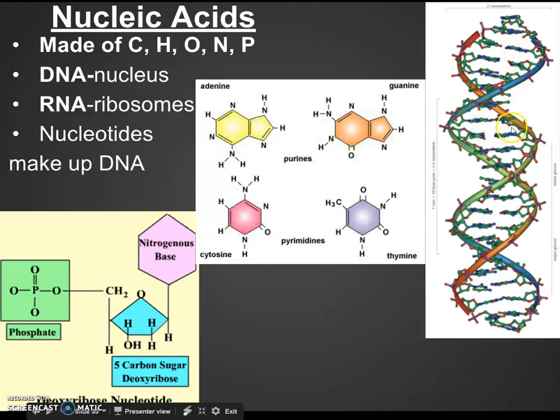So if you were to break this huge molecule apart, you'd be breaking it into a nucleotide that looks like this. So you don't have to know anything but that nucleic acids, examples are DNA and RNA, and that nucleotides are subunits of DNA. They make up DNA. And then the rest will be to be continued as far as DNA and RNA go. And that is it.